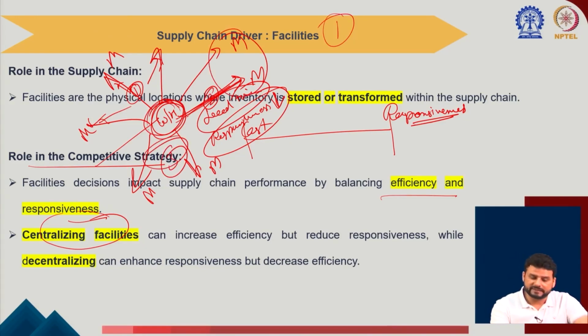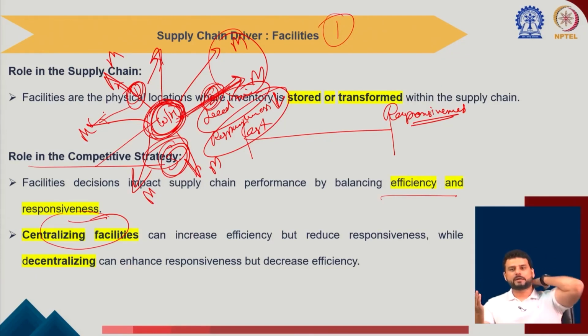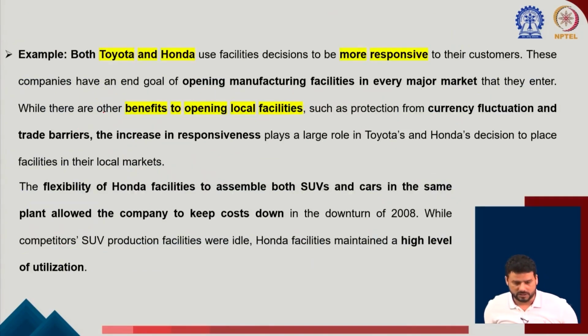Now instead of maintaining inventory at one point, we are maintaining inventory at three different locations. Those facilities are required, manpower is required, all those resources are required for maintaining the inventory within those facilities. But you will be more responsive because you are very near to the end market. The customer is asking for the product, you are quickly delivering the product, but the inventory cost will increase, right? So you need to keep this in mind.